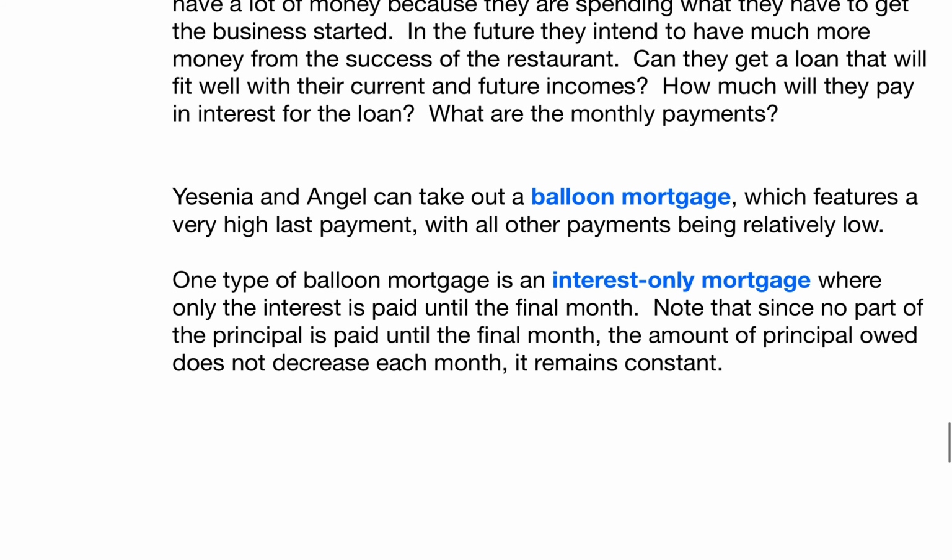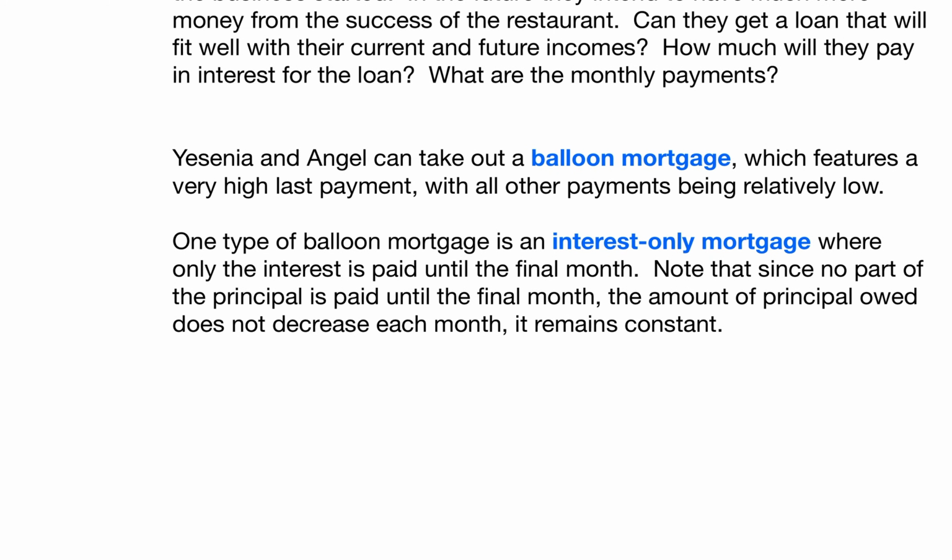Now, one of the products that are available out there is called a balloon mortgage. This is where they pay a monthly amount, which is very low, and then at the very end of the term, the last payment is a very high last payment. One type of balloon mortgage is called an interest-only mortgage, where only the interest is paid every single month until the final month, and then in the final month they have to pay back the loan amount.